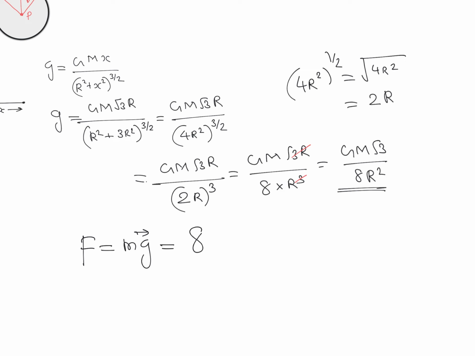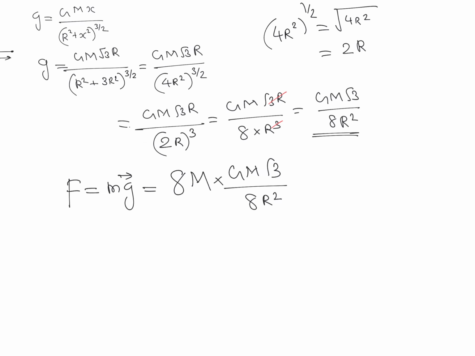We are keeping a sphere of mass 8m, so we can write m as 8m over here. And the value of g, we know, is equal to GM root 3 divided by 8 r square. So this 8 and this 8 are going to get cancelled. I'll get the answer as G m square root 3 divided by r square. So this is the value of the final answer.